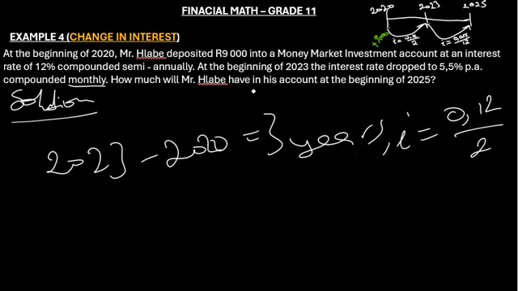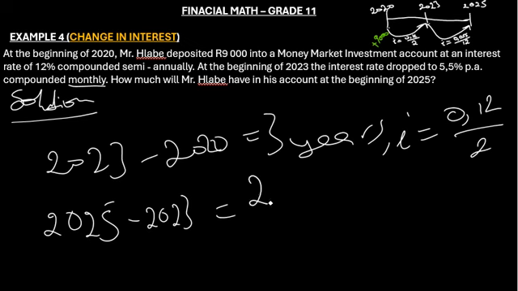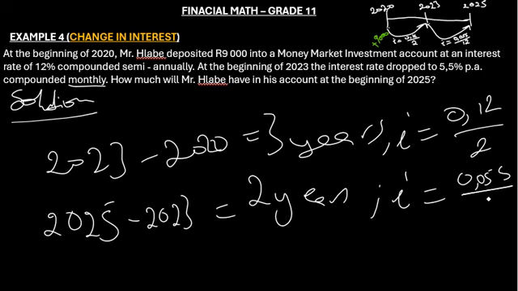Then we say 2025 minus 2023, then we get 2 years, which means i was equal to 0.055 over 12 here.